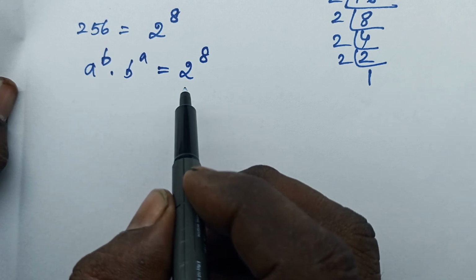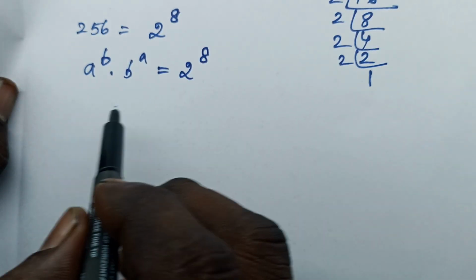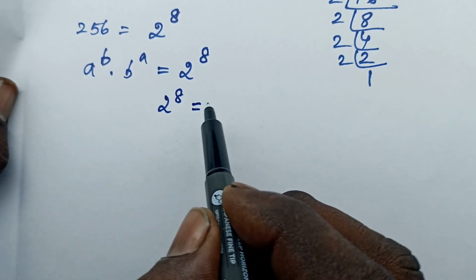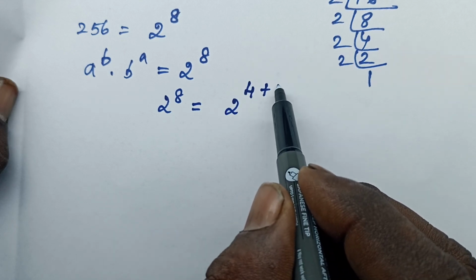So rearrange the sequence. 2 power 8 can be written 2 power 4 plus 4.